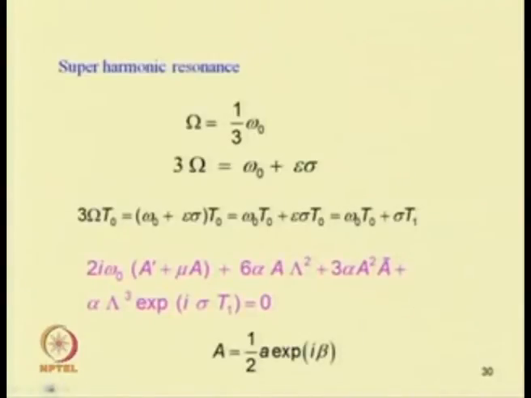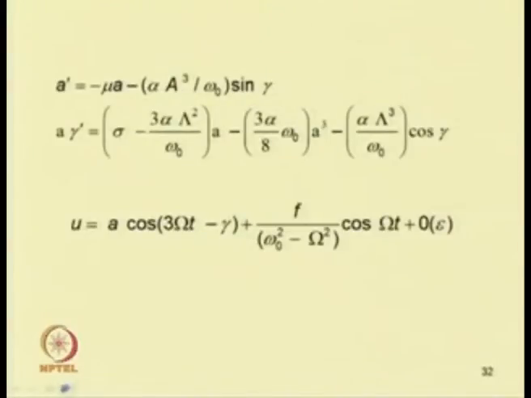We have studied the superharmonic case, where 3 omega equals omega 0 plus epsilon sigma, and in this case we have obtained the solution of the system which can be given by this.